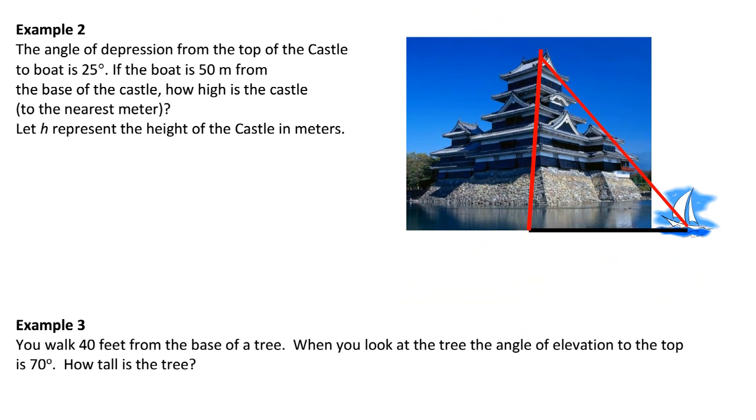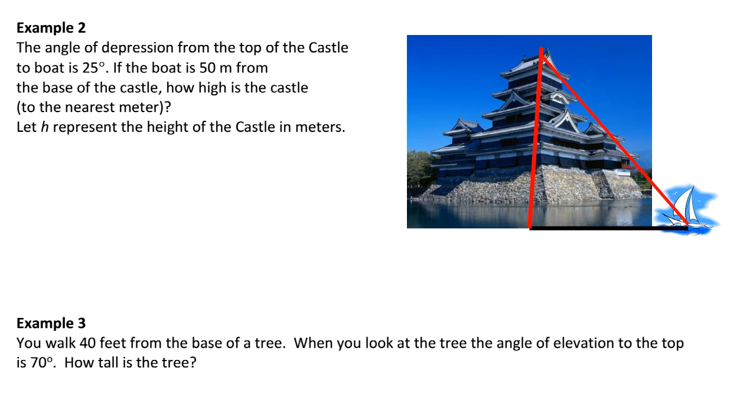All right, so we're looking at a castle now. We got a boat. The angle of depression, if you remember, is going to be here. That's our angle of depression. That's 25, which means that inside angle in here is going to be 90 minus 25, which is 65.